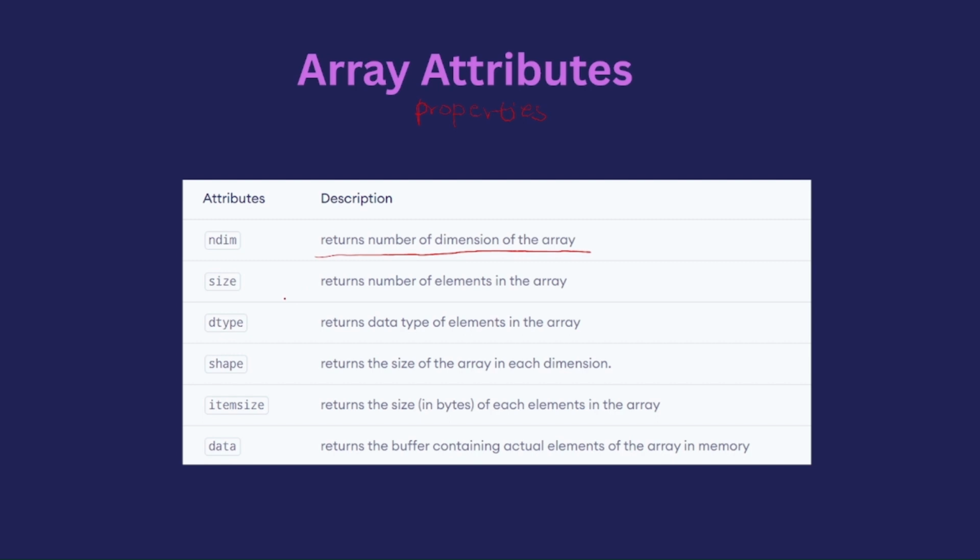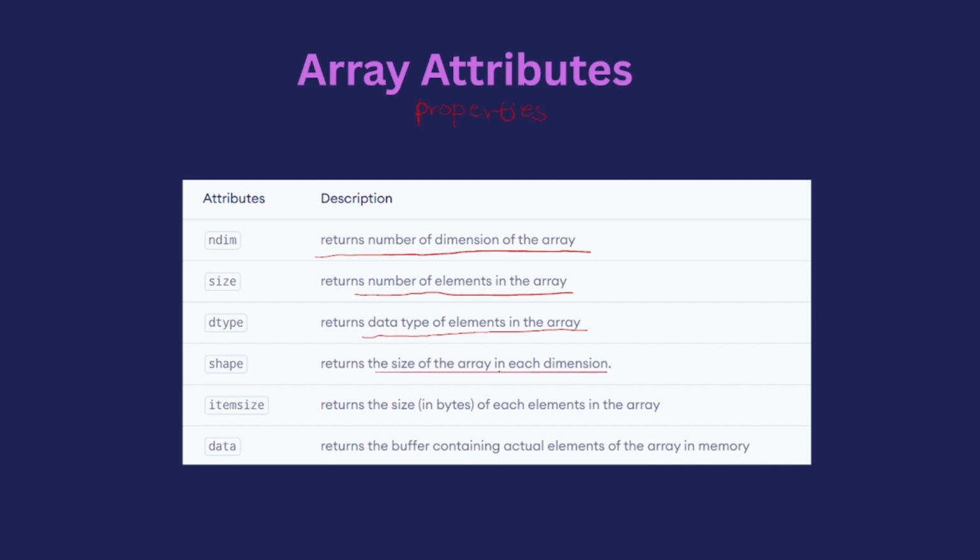And the next one is the size attribute. The size attribute returns the number of elements in the array. We can understand by the definition itself. And the dtype attribute returns the data type of elements in the array. And the shape attribute returns the size of the array in each dimension.